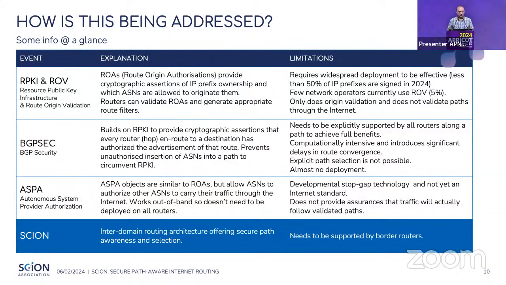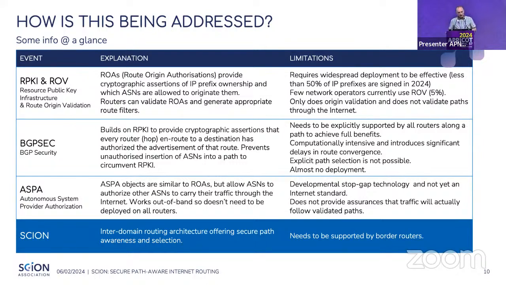One of the arguments was that it was quite computationally intensive and introduces significant delays in route convergence. Even then, explicit path selection isn't possible. But the main issue really with BGP-SEC is that there's almost no deployment as of today.